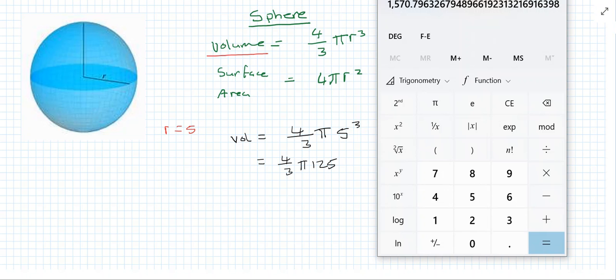Okay, let me just do that again. So let's just do it this way. 4 divided by 3, that's equal to 1.33.